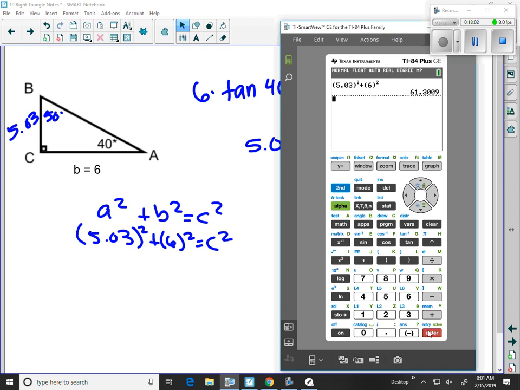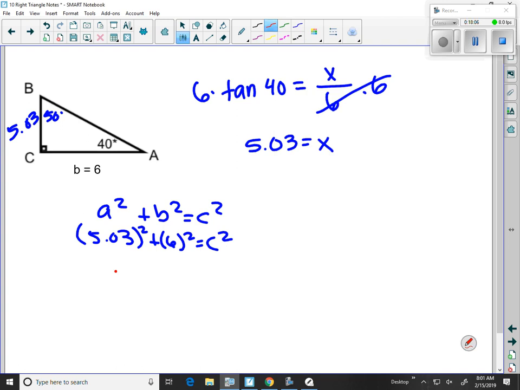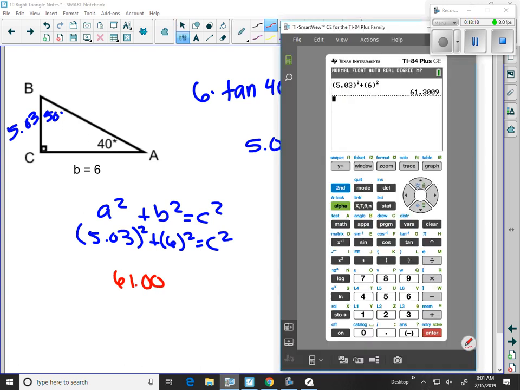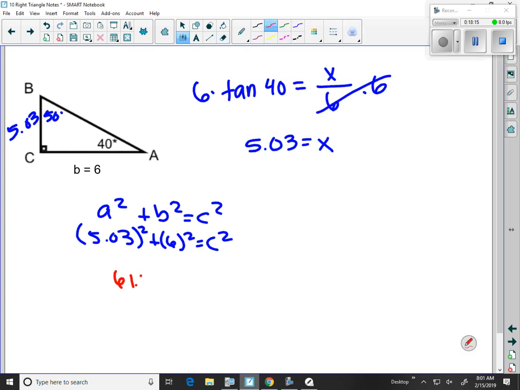If I type in that left-hand side, I end up with 61.0009.